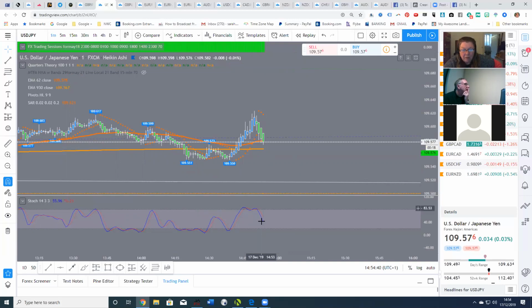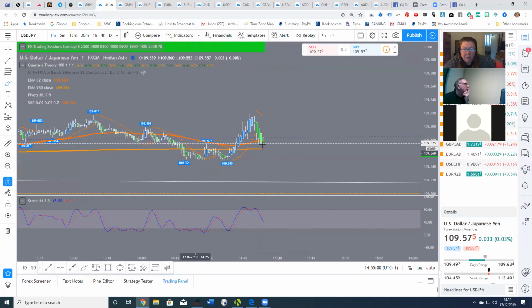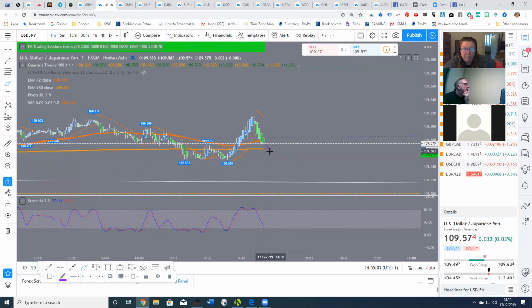Remember I'm on the 1 minute, which I know none of you trade, but I like to look down at that precise entry. So a few pips down to test that 15-minute, boomerang off that and back up onto the buy. So something like this. I'll leave that one with you.